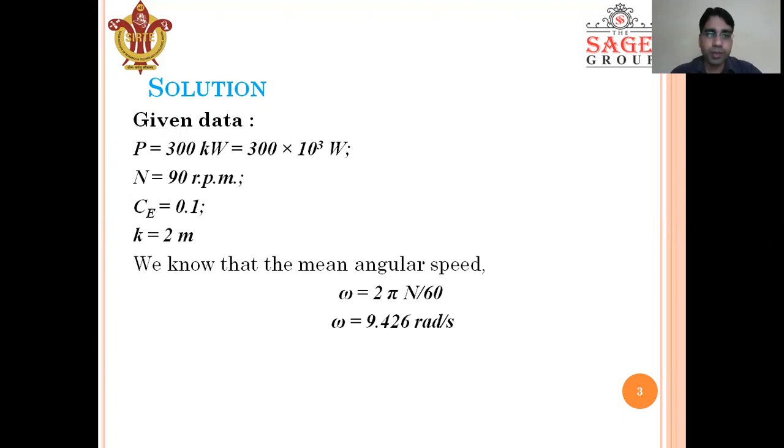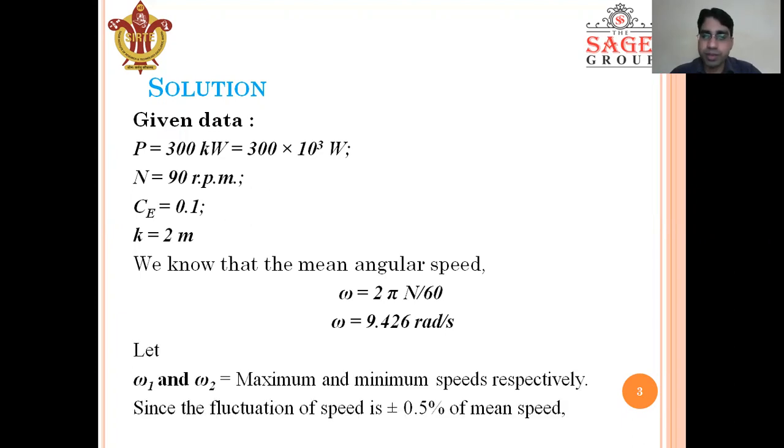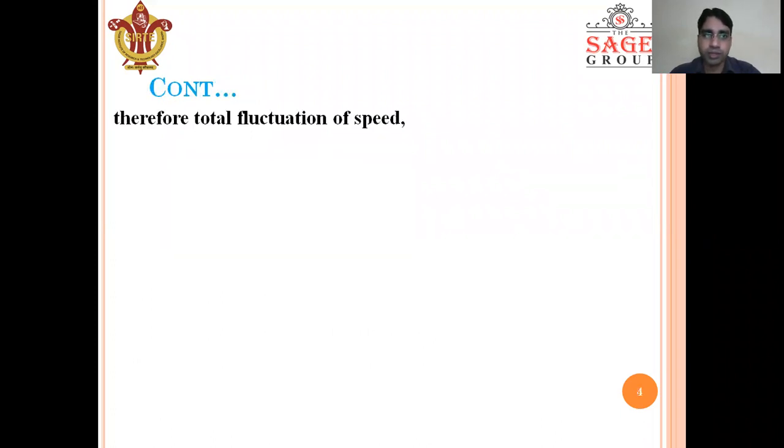Let omega 1 and omega 2 be the maximum and minimum speeds respectively, since the fluctuation of speed is plus minus 0.5% of mean speed. So we have to calculate the total fluctuation of speed, that is 0.5 plus 0.5, equal to 1%. Therefore the total fluctuation of speed, omega 1 minus omega 2, is equal to 1% of omega.